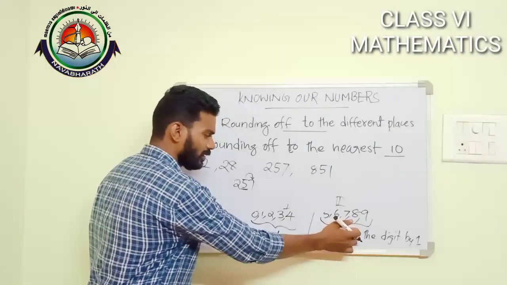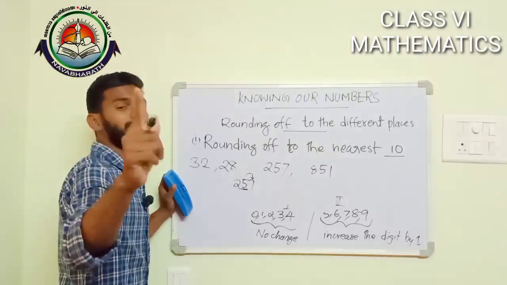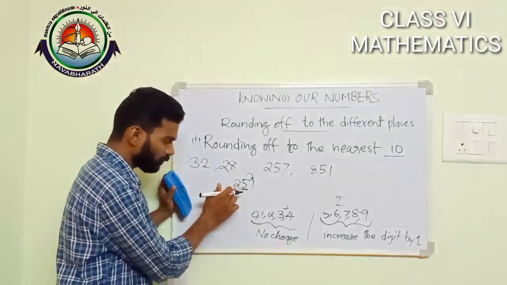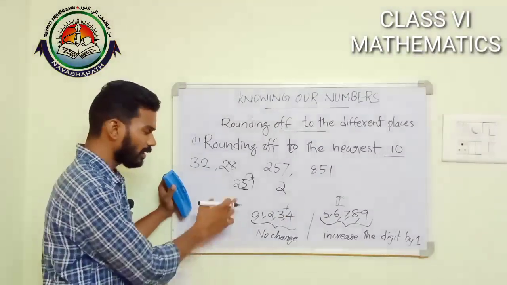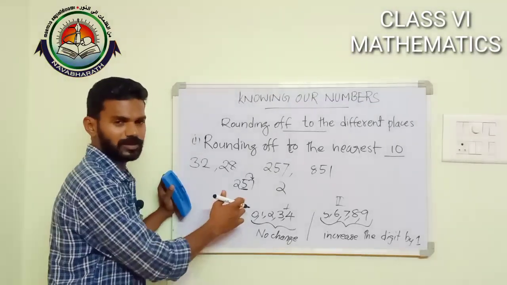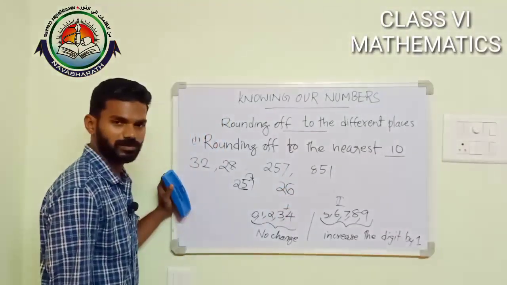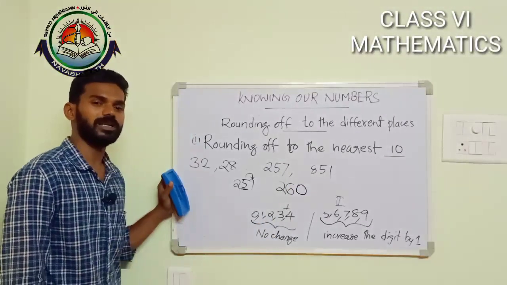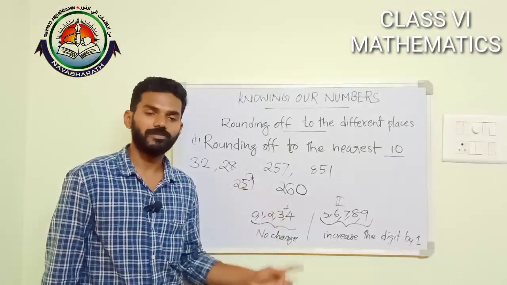And if it is in the second category, then this 5 must be increased by 1. 5 plus 1 becomes 6. So first, you write 2 itself. There is no change for the hundreds place. Then this 5 needs to be increased by 1 so that it becomes 6. Then all the remaining digits must be replaced with 0, so that 260 is the rounded off value.